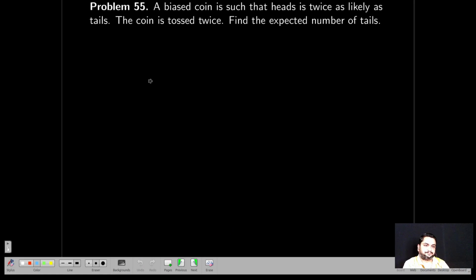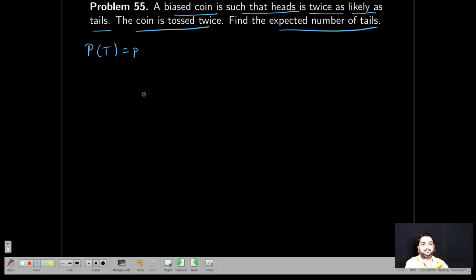Next. A biased coin is such that heads is twice as likely as tails. The coin is tossed twice. Find the expected number of tails. What are they saying? Let the probability of tail, which we don't know, be some p, small p.